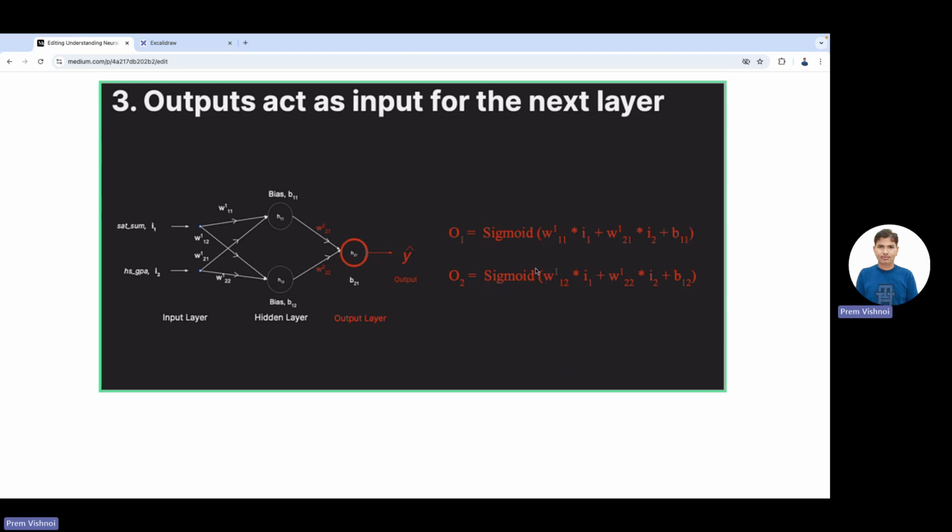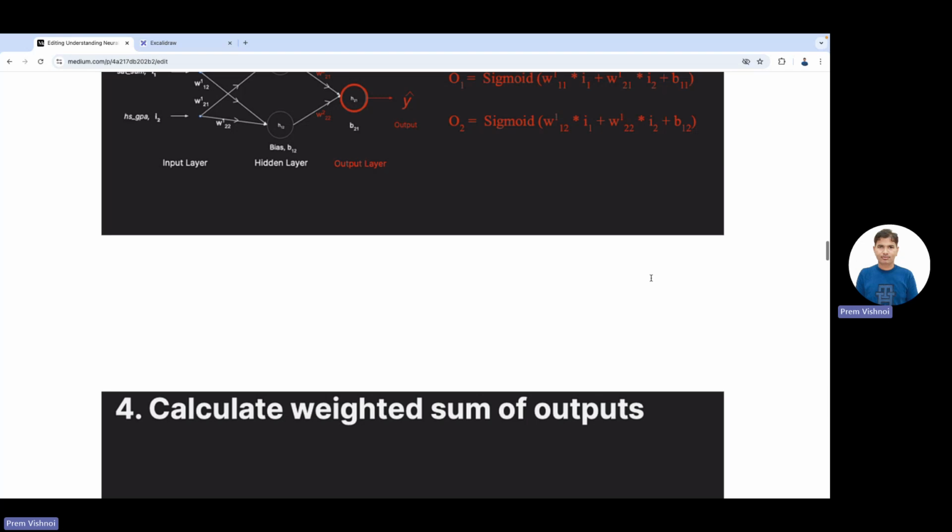So O1, O2. When we talk about O1, it's W1 into I1 plus W2 into I2 plus bias. There is a bias. And O2, this is O2, it's still coming from these two. So this is W12 into I1, similarly coming from here, W2 into I2 plus bias.